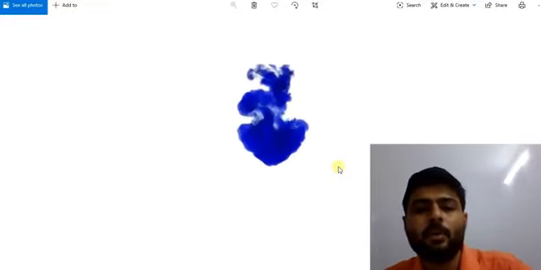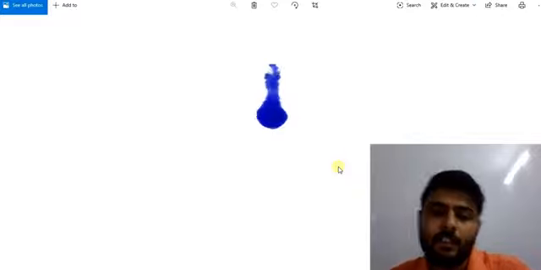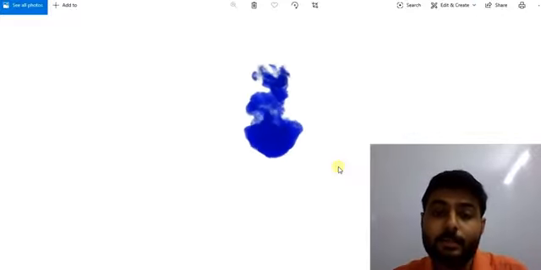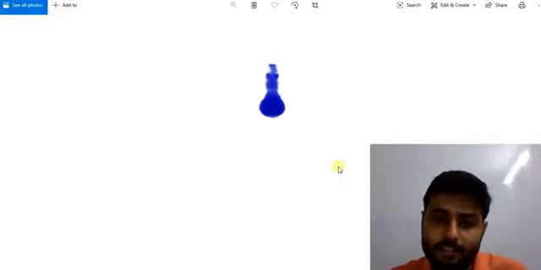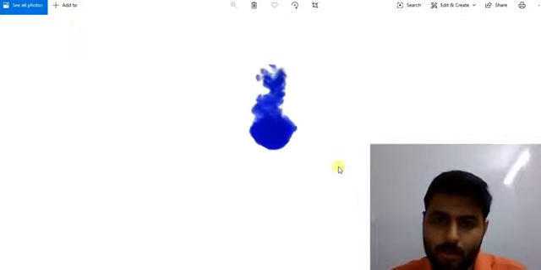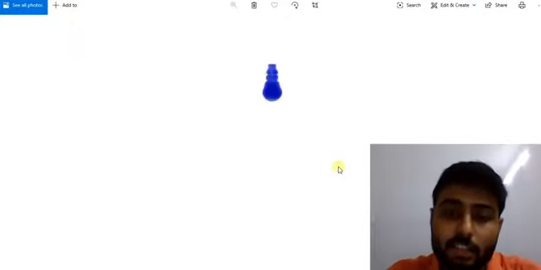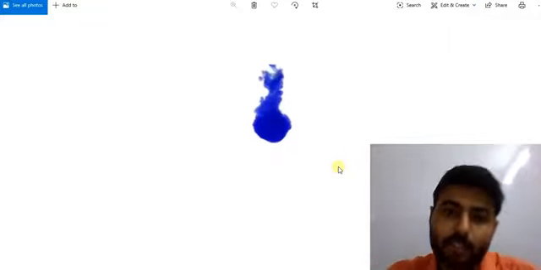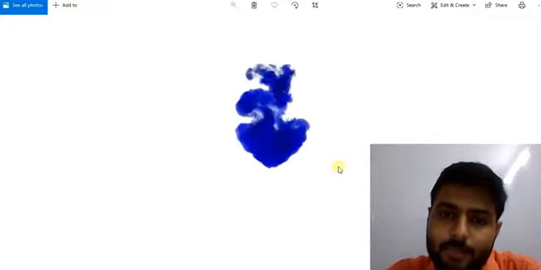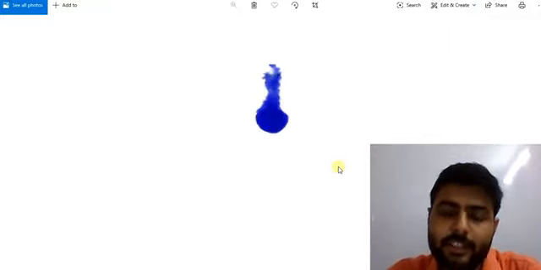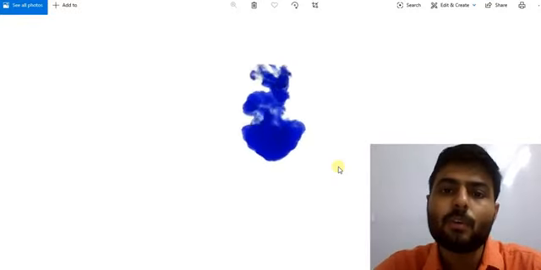But what will happen to honey? Honey will not spread in water in such a short time. It will take some time. So ink spreads fast compared to honey, but we can observe that honey also spreads into water.